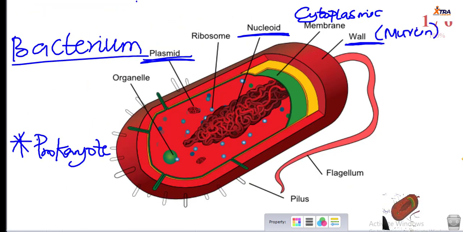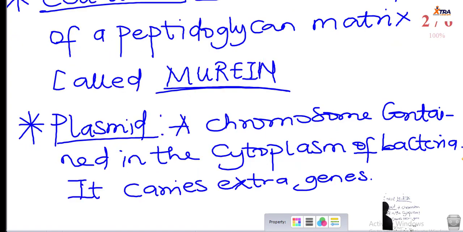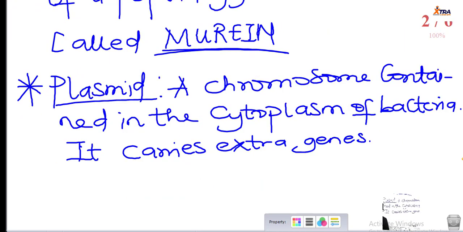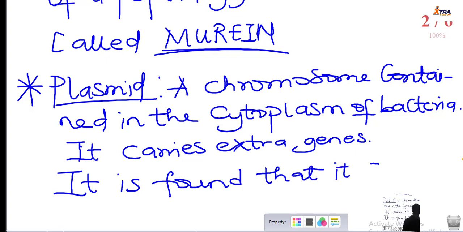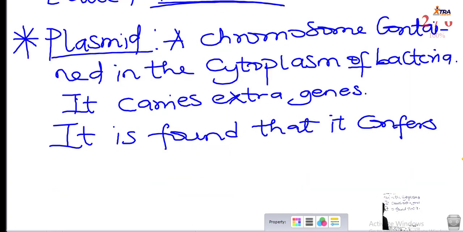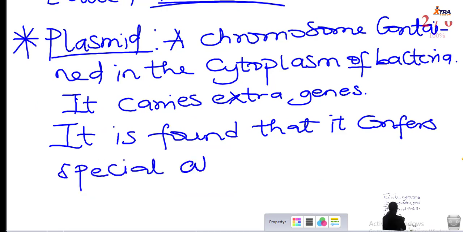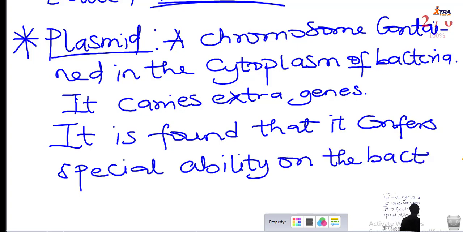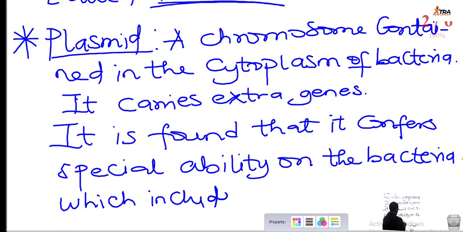Now, scientists say that though the plasmid doesn't have any specific function, it just carries extra DNA, it is found that it confers special abilities on the bacteria, which include resistance to antimicrobial treatments.